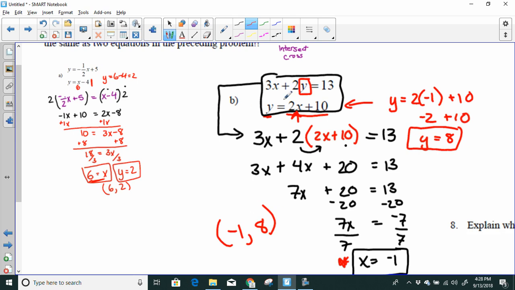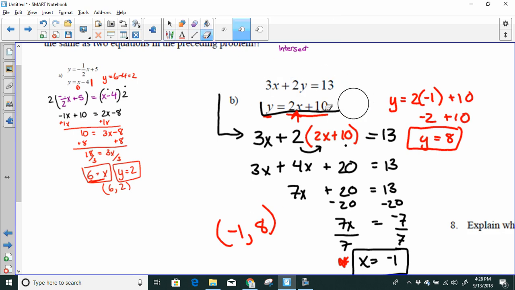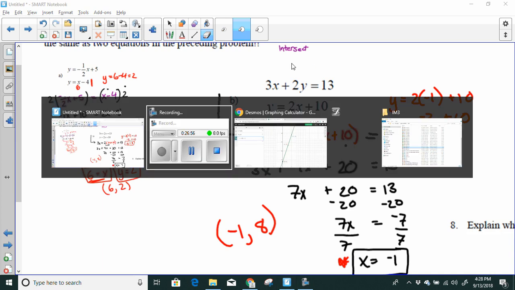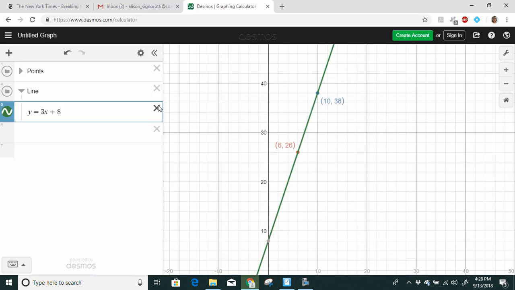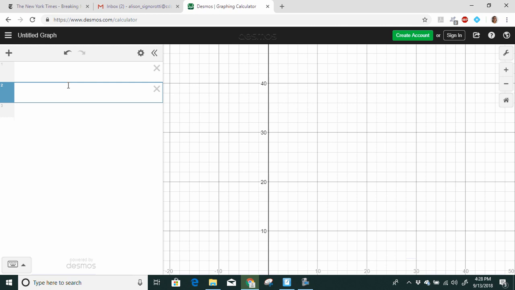And let's go check on Desmos. In these two equations, 3x plus 2y equals 13. So there's one line.